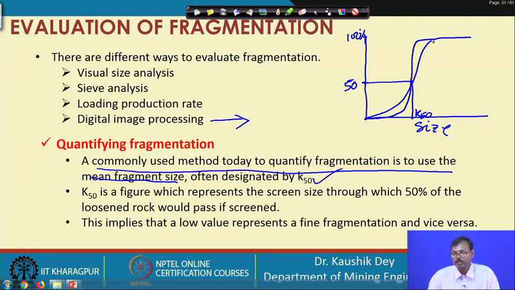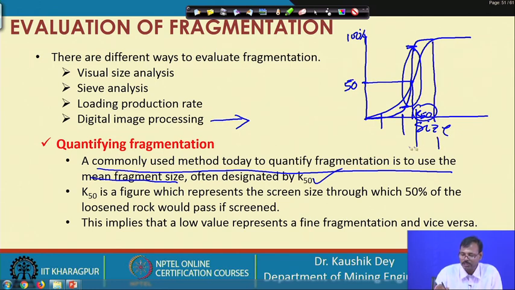However, there may be another distribution possible like this, where the average size is the same, but the distribution is different. Most of the boulders achieved are in this range, from this to this, whereas here the distribution range is a little bit wider.